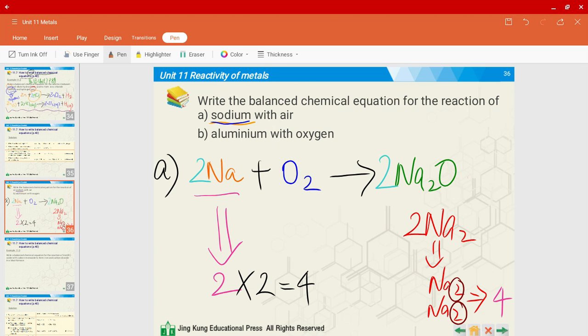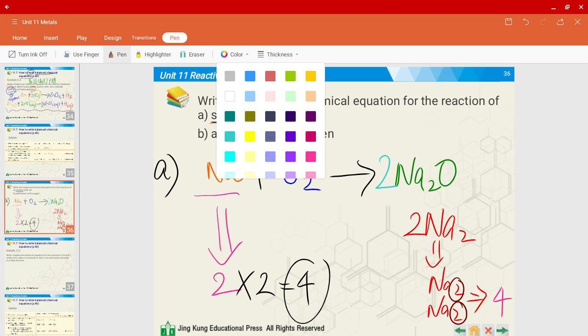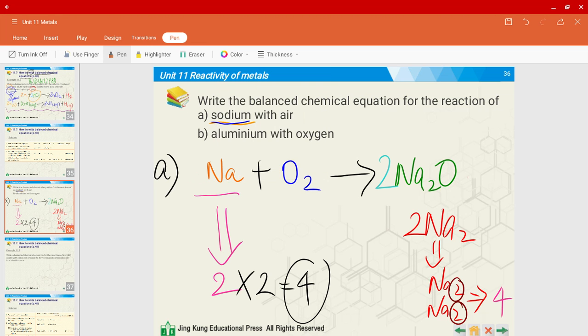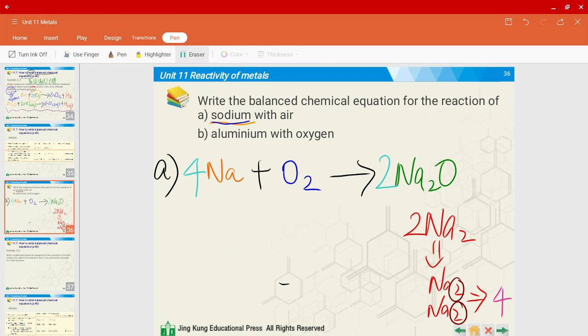And on the right hand side, it is 4. So now I need to put 4 in front of there so I can rub this out. I'll put 4 right now. 4 Na. So now let's see whether this is balanced or not. Let me rub everything out so it's easier to see. Okay, rub.